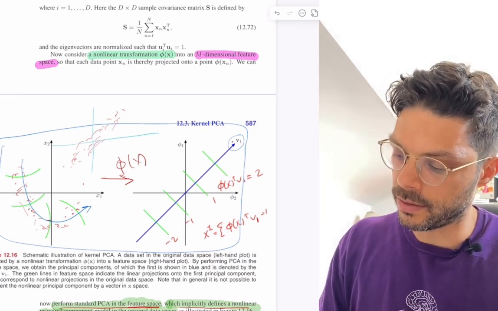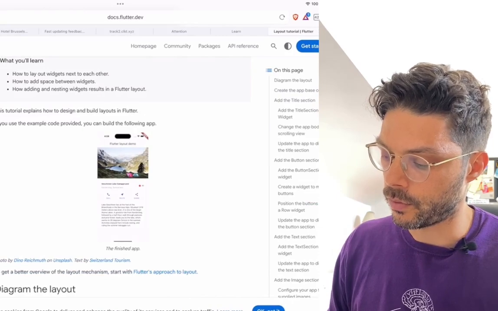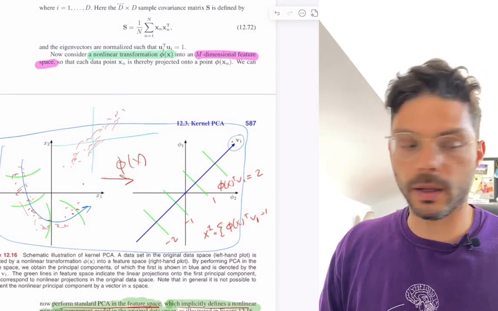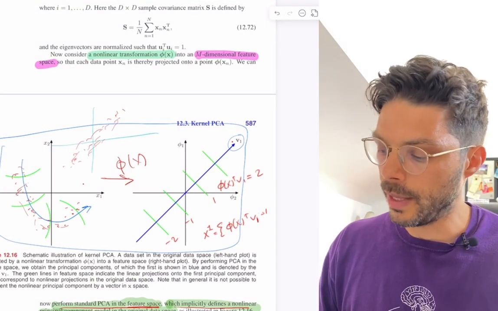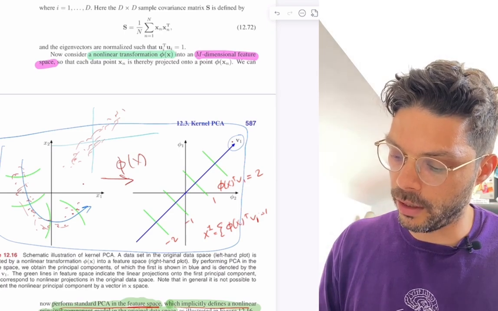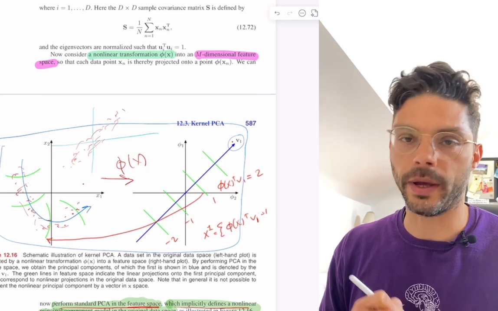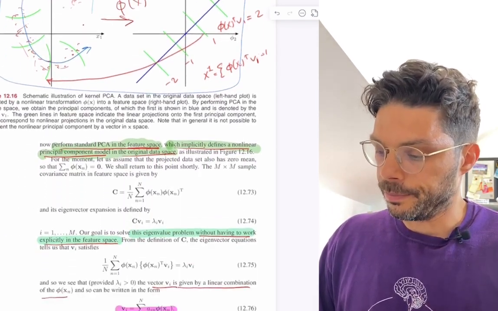And that would be the back projection of this point on this line all the way over here. Okay, and so on. So you can always do that.